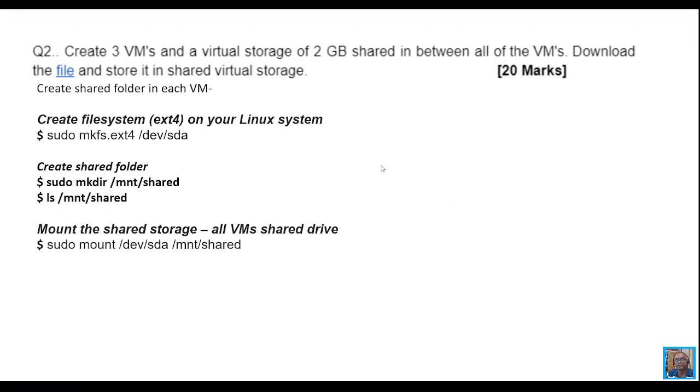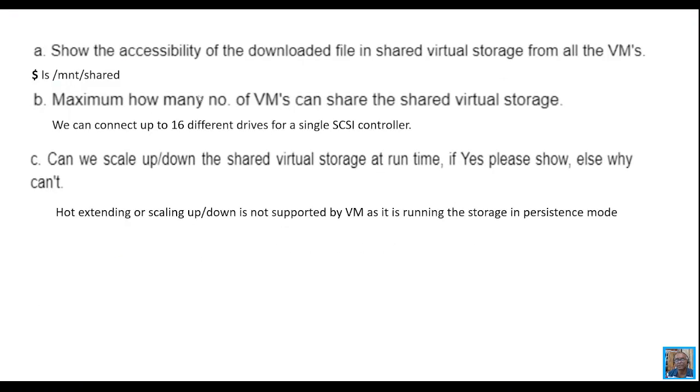So the first question is clear, and we have shown the accessibility of the downloaded file in the shared virtual storage from all three VMs. Now the next question, part B, is how many VMs at maximum can share the shared virtual storage. As per VMware, we can connect up to 16 different drives for a single SCSI controller.